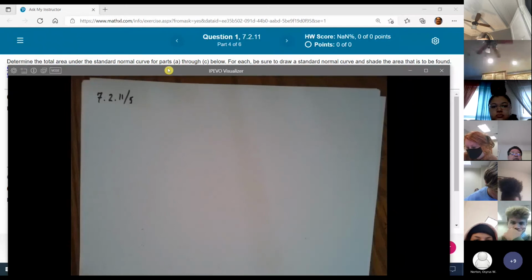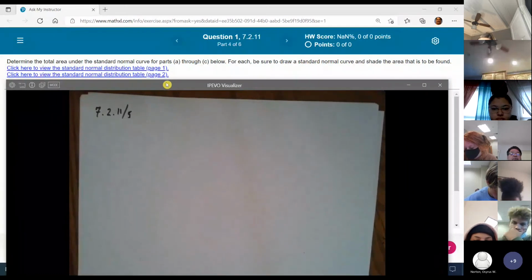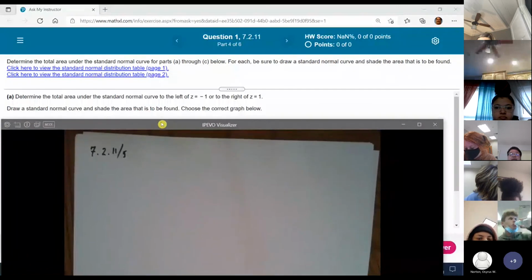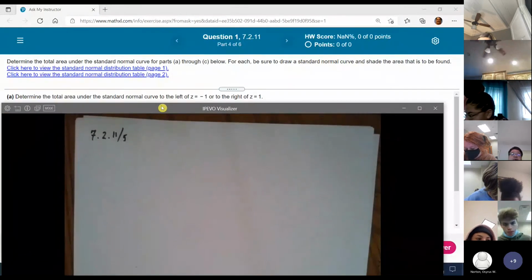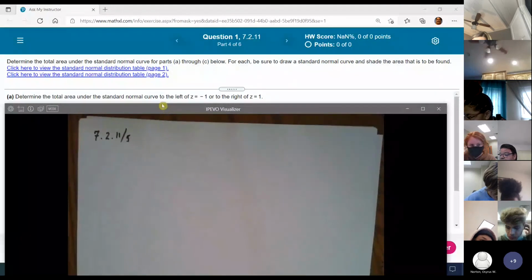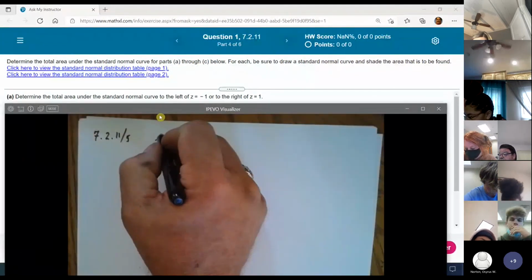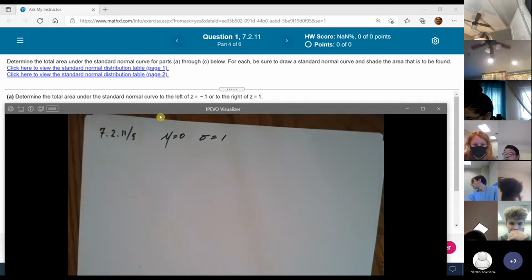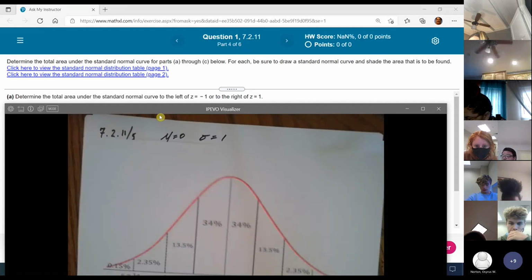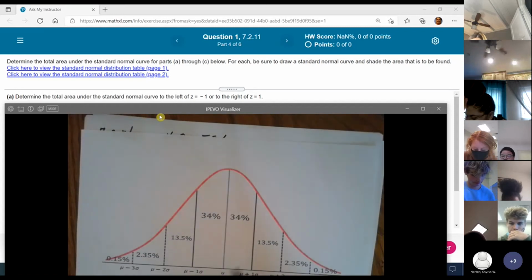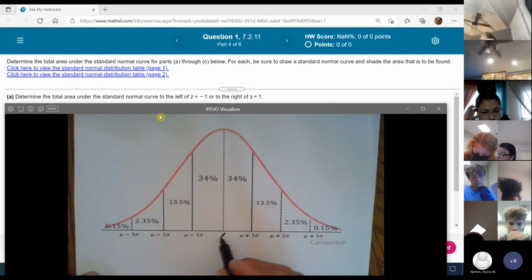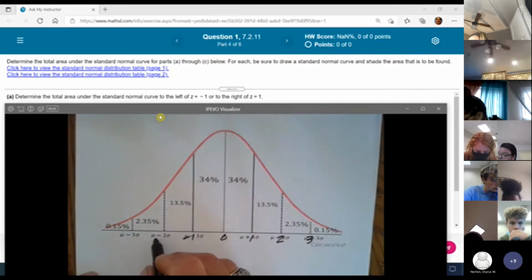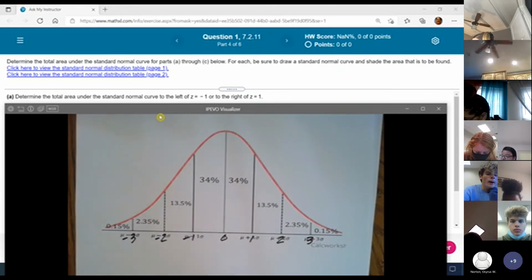Okay, so we have a mean of 0 and a standard deviation of 1. How do I know that? Because you don't have any values given, so it's assumed to be a mean of 0 and a standard deviation of 1. So we get our handy dandy sheet: 0, 1, 2, 3, -1, -2, -3.